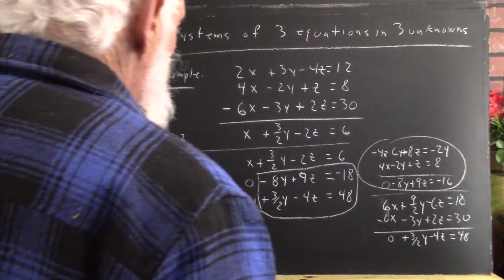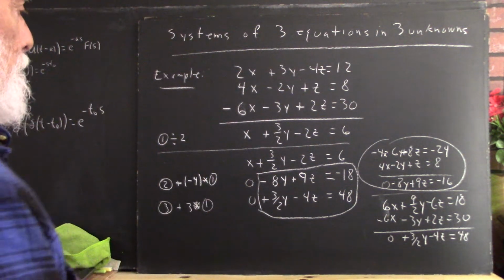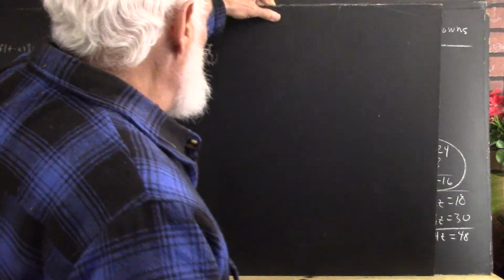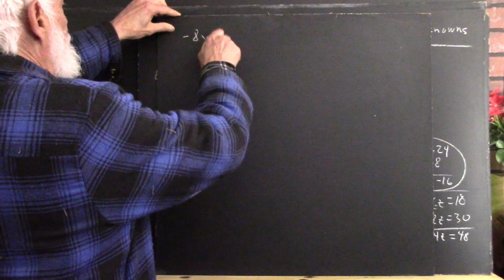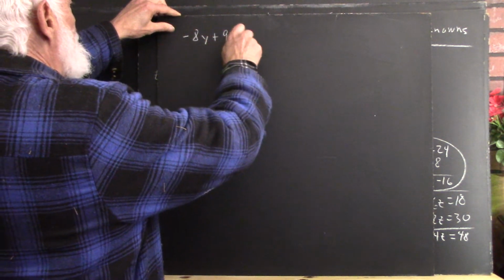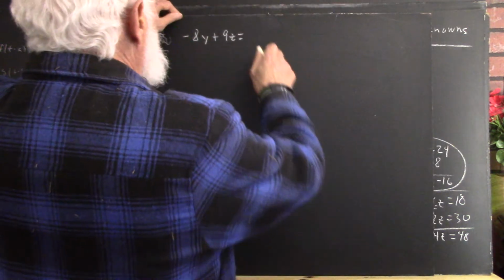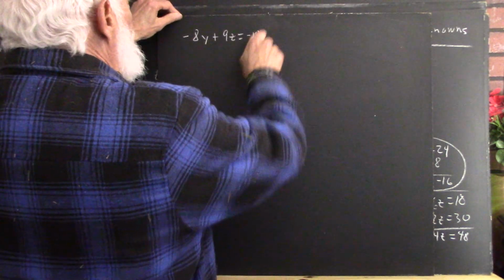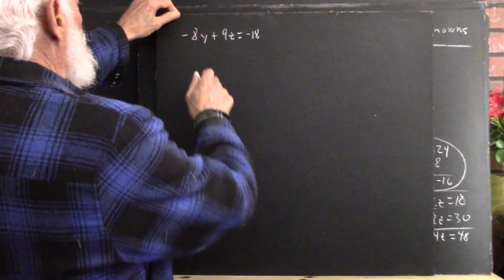Now these 2 equations are a little bit of a pain. I've got, is that 30? I think it was negative 18, sorry. And 3 halves, negative 4, 48.